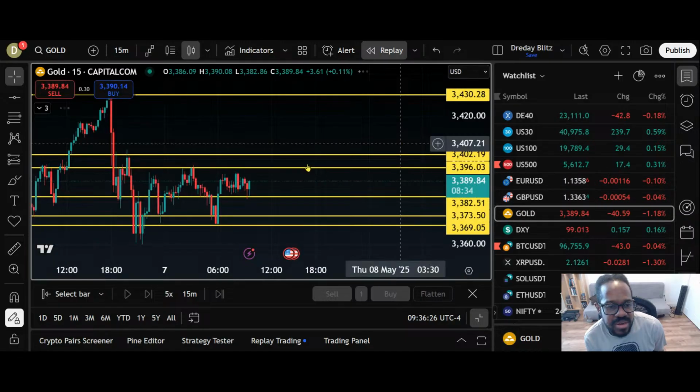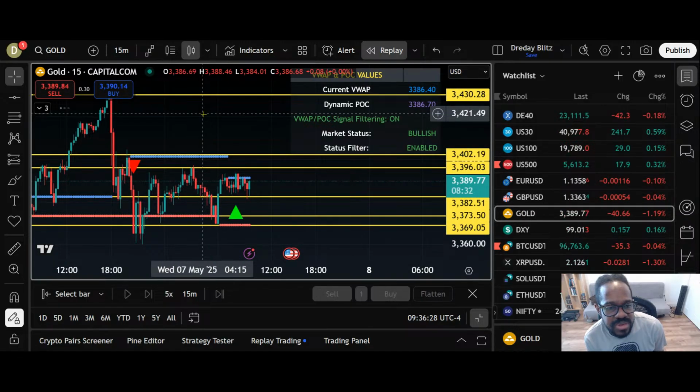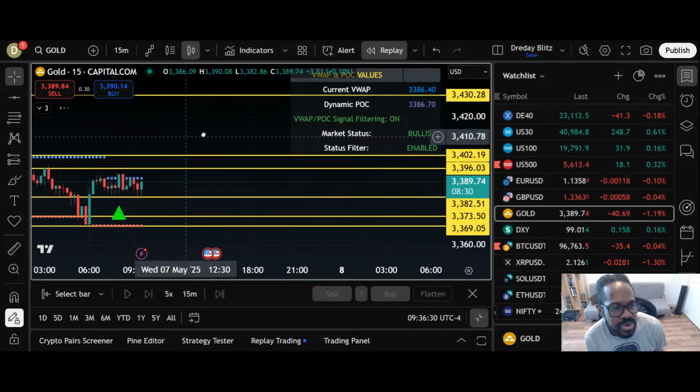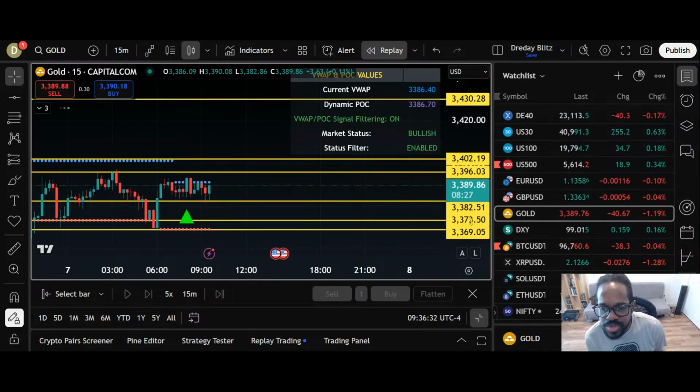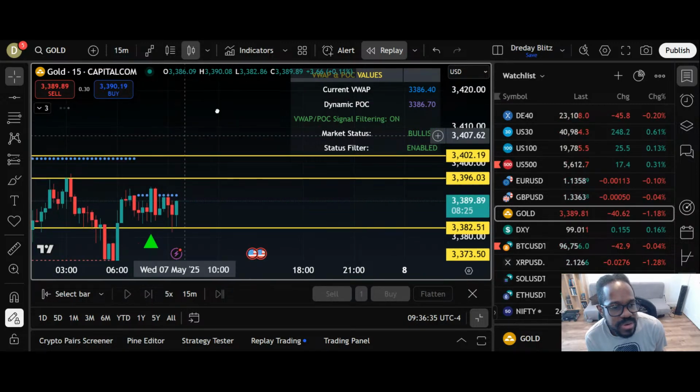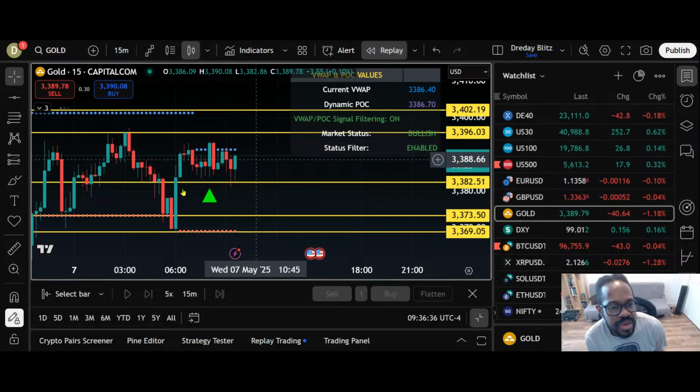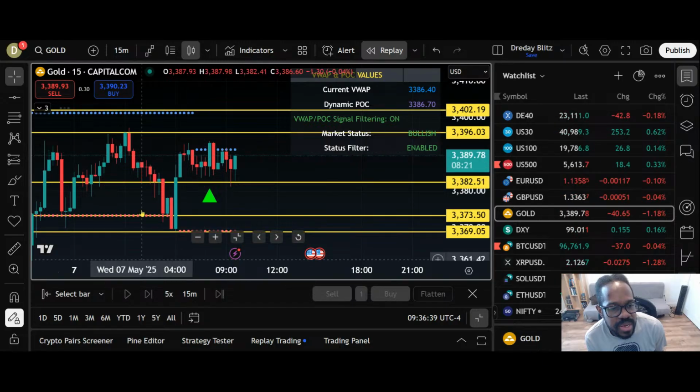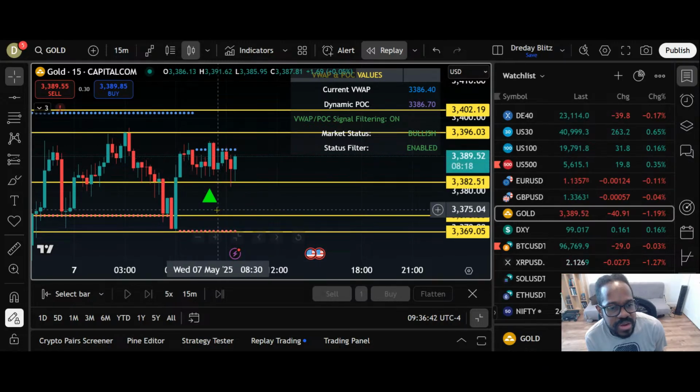And let's go back on gold. So gold seems to be starting to push up here. If you have taken that trade here for a buy, it's still validated unless you put your stop loss at this level here.